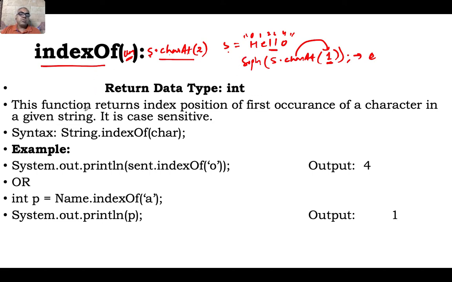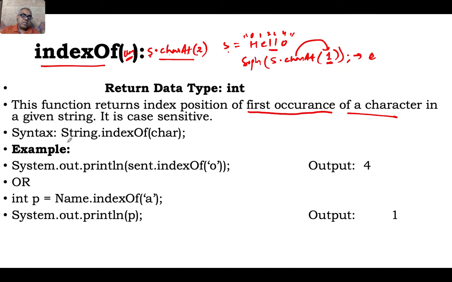Let us see. This function returns the index position of the first occurrence. Wherever a particular character appears the first time, that index position is given. So if I want to know the index position of e, I can easily find it out. For my programming purposes, these functions will be needed.